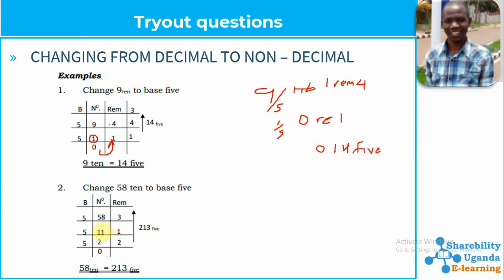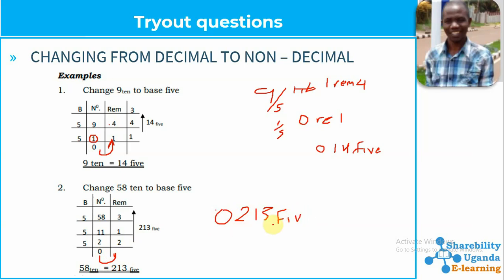Then 11 divided by 5, we get 2, and we remain with 1. Then 2 divided by 5 is impossible, so we write 0 and remain with our 2. So we write our remainders here: 2, 0, 1, 3. This is going to be base 5.